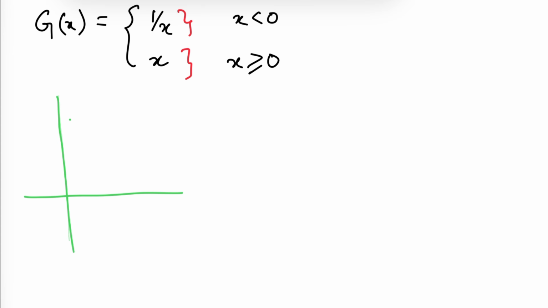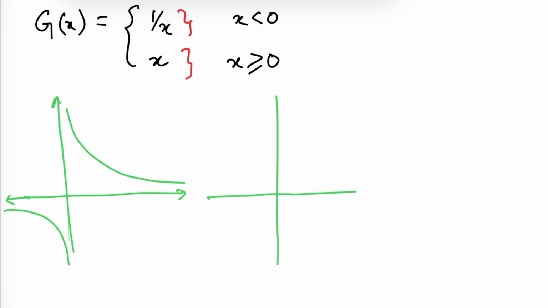And since 1 by x graphs look like this, and the graph of y equals x looks like this. But since we have to get x greater than 0, we'll remove the parts that are not required. So we'll cut this part.